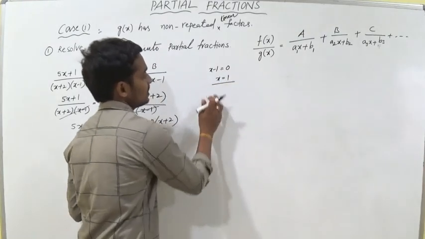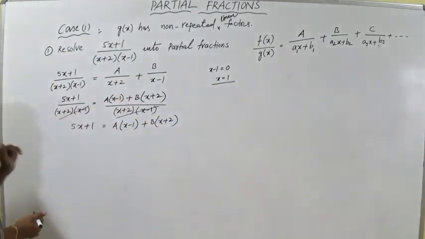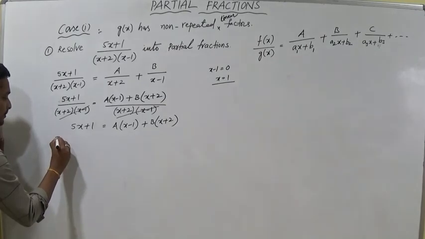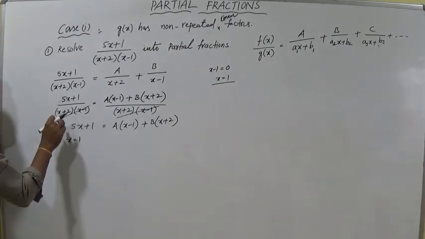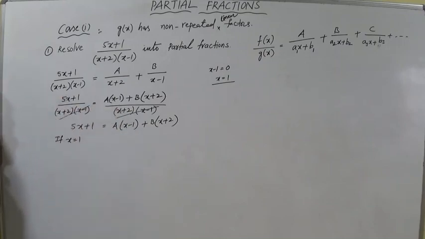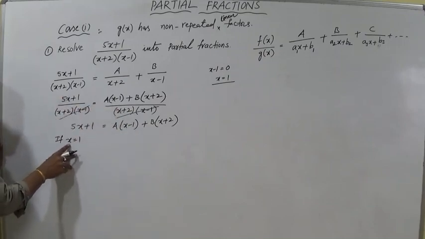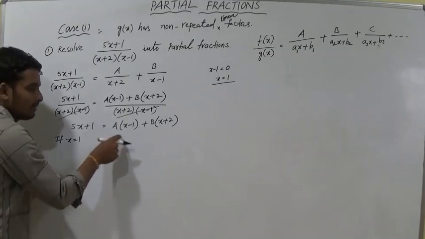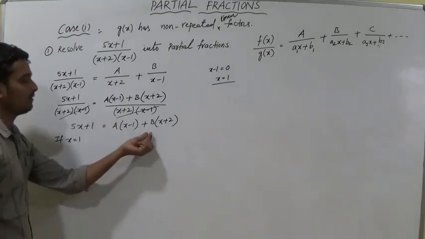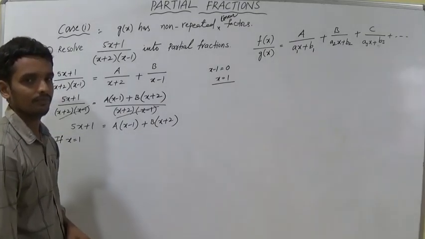This is one case. So now I am taking x equal to 1 in both LHS and RHS. Do you know why I am taking x equal to 1? If I take x equal to 1, the A term becomes 0, then I will get the value of B easily.